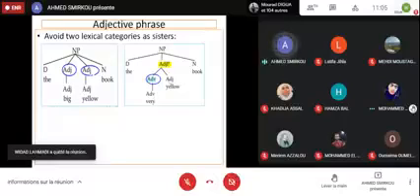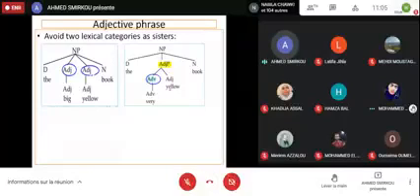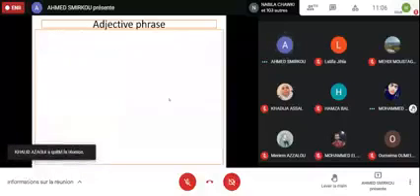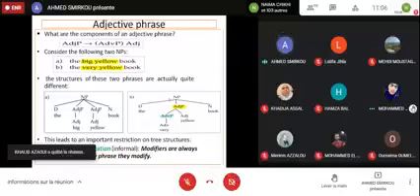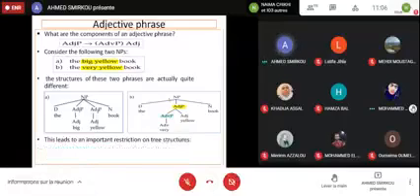As simple as this, the lexical category is noun, adjective, verb, preposition or determiner. The phrasal category is the phrase: adverb phrase, noun phrase, adjective phrase, preposition phrase, etc.